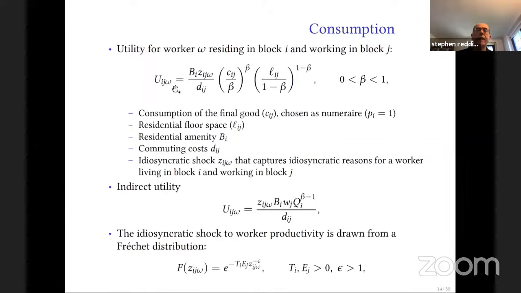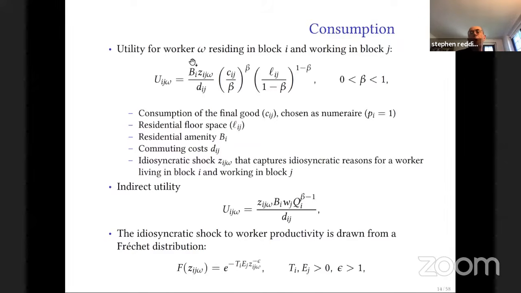And so the utility that worker omega gets, who lives in block i, so the first subscript will be where they live, their residence, works in block j, the second subscript will be their workplace, where they work. And then the omega indicates an individual worker, indexes individual workers. The utility depends on how much they consume of the final good, how much residential floor space they consume.